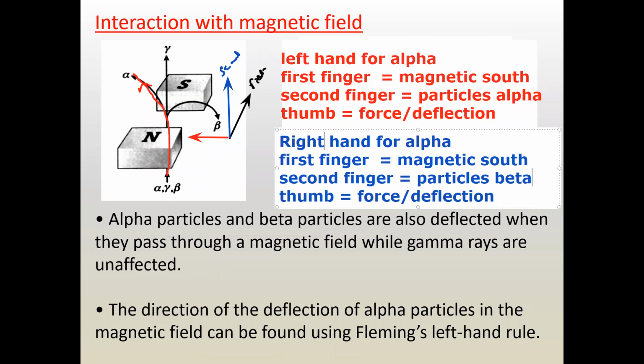The first finger represents the direction of the magnetic field, the second represents the direction of the beta particle, and the thumb will point towards the force or the deflection.